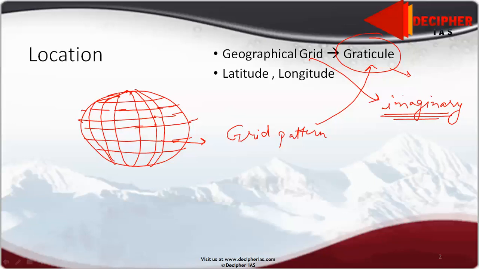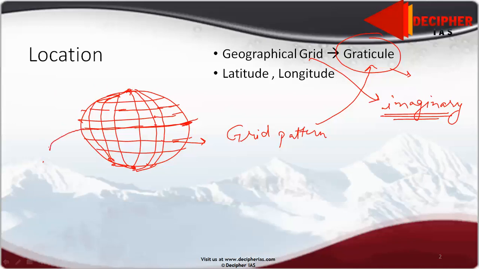So this imaginary grid is anchored by the poles and equator. See, poles. All these vertical lines join at the poles. And equator. How equator? We will just study. See, last class I told you about the shape of Earth.